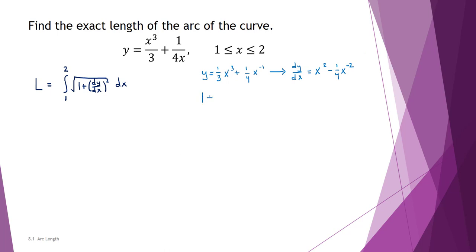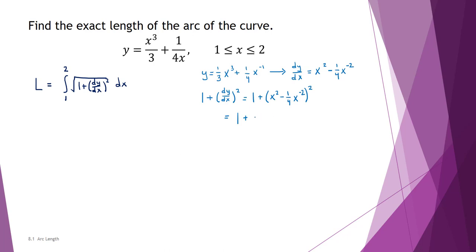Then we need to look at the expression 1 plus that derivative squared. Well, that's 1 plus (x squared minus 1/4 x to the negative 2) quantity squared.